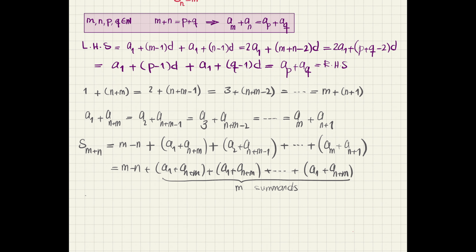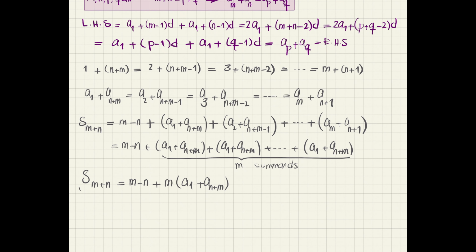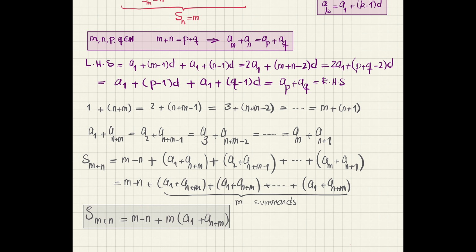So what is the take on? This is S sub m plus n is equal to m minus n plus m times a1 plus a n plus m. Okay, so this is what I got. Of course, if you are experienced, I explained a lot to make sure that you really understand the details.